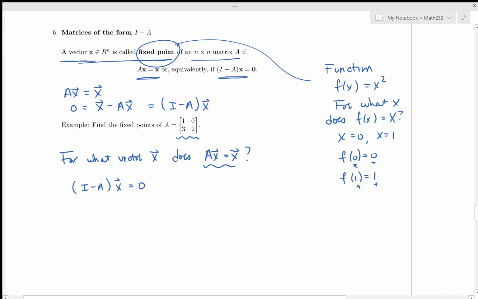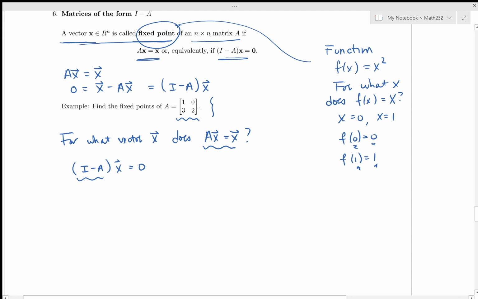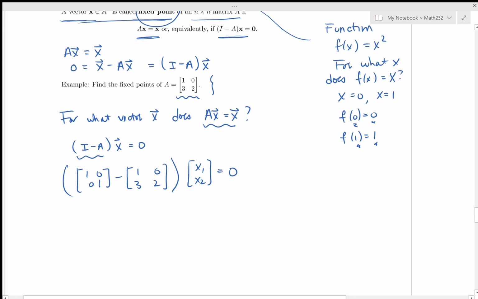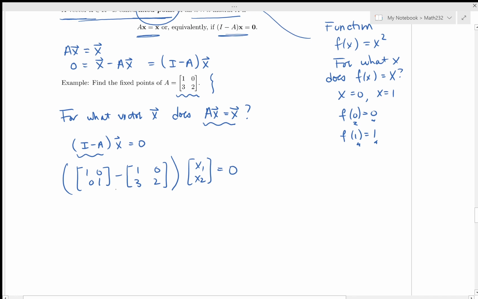So I'm going to compute this I minus A for this matrix A. So that is I minus A, times x, equal to 0. I do this computation here, and I find that I have 0, 0, minus 3, minus 1.